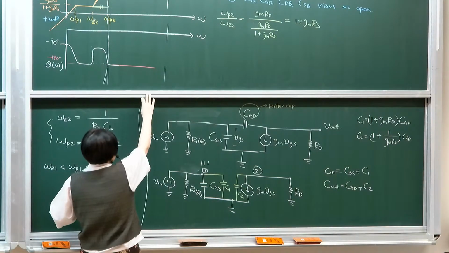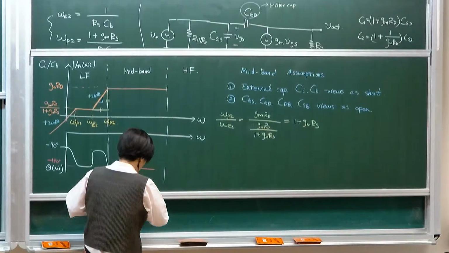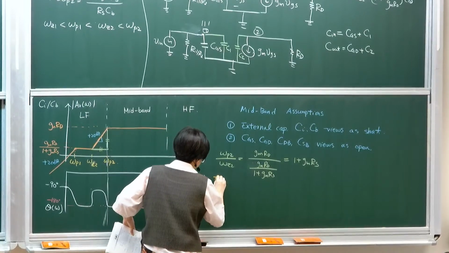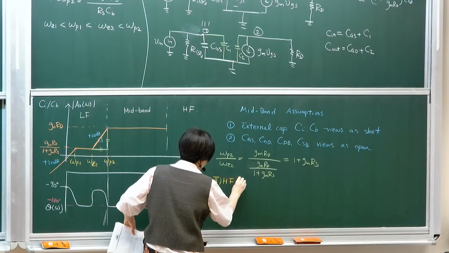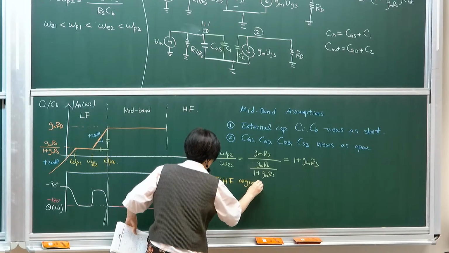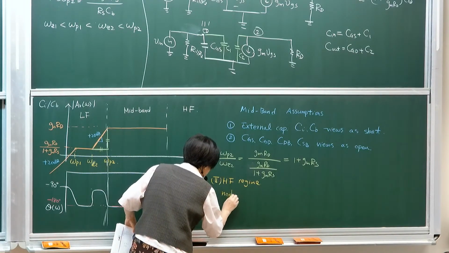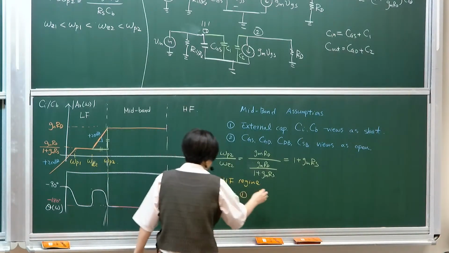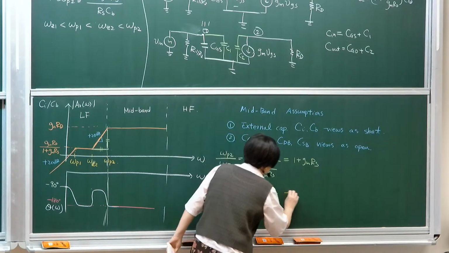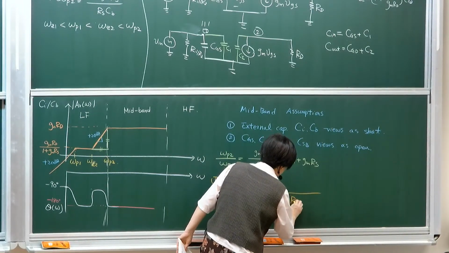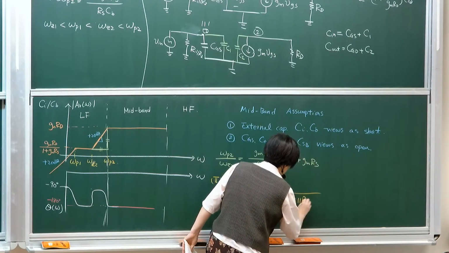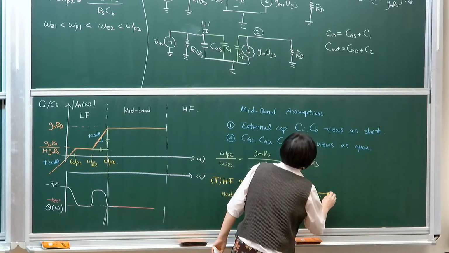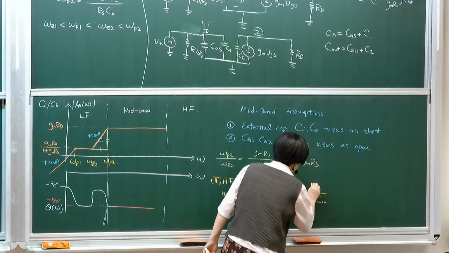From this exercise, we already know that from node 1, the input node, at high frequency regime, node 1 will contribute omega P3, which will be determined by the input capacitance Cin and the resistance.